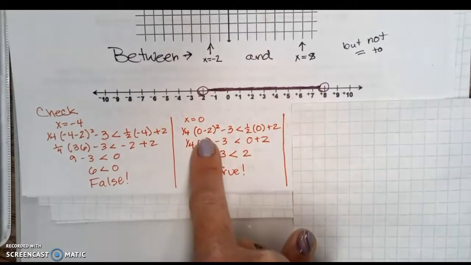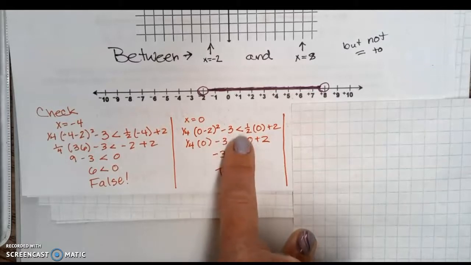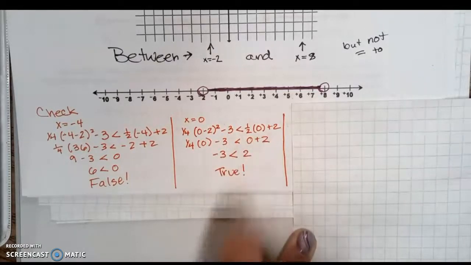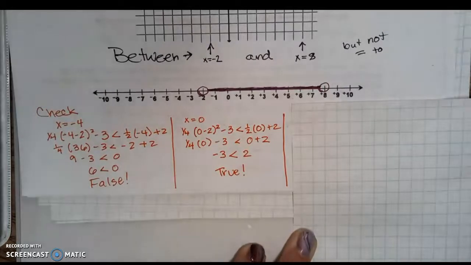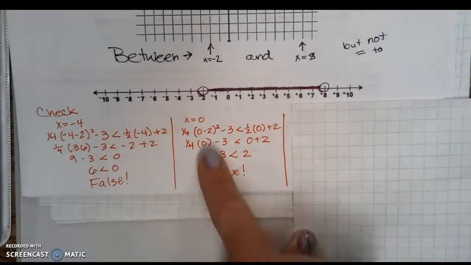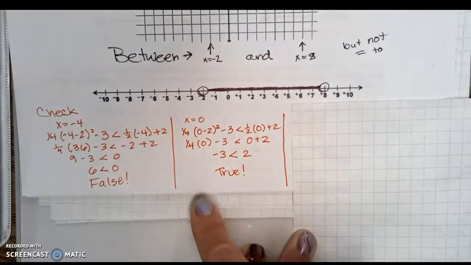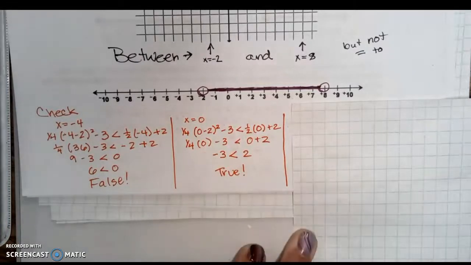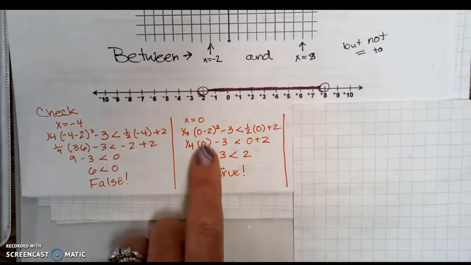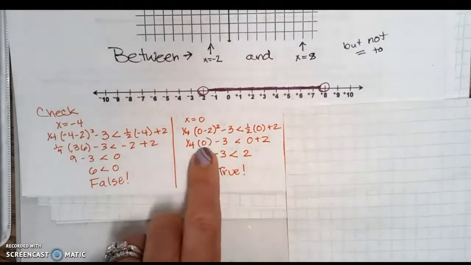So we have 1/4 (0 minus 2) squared minus 3, less than 1/2 times 0 plus 2. So I'm going to do the left side of the inequality first. 0 minus 2 should be -2. That's wrong. 0 minus 2 should be -2.